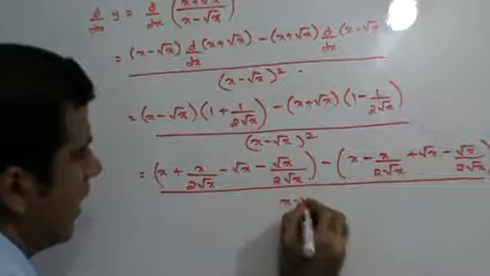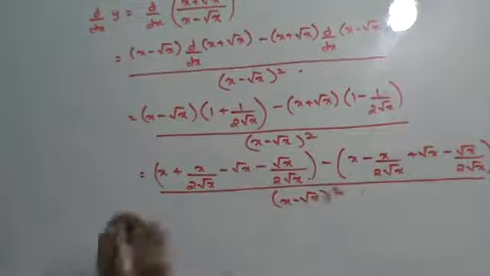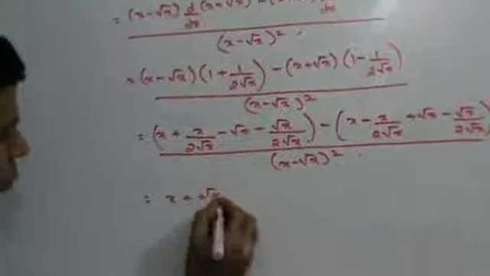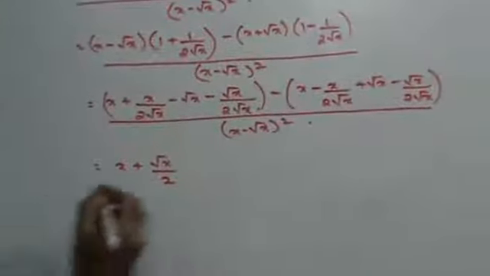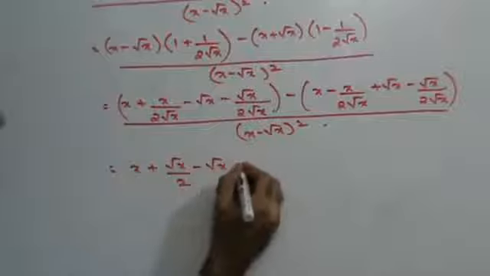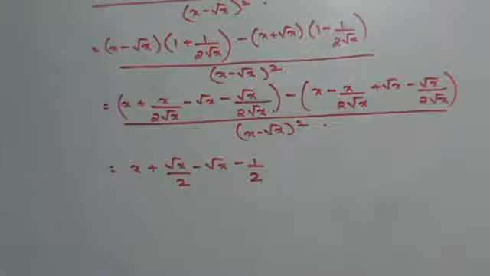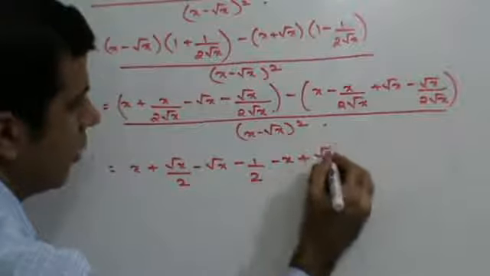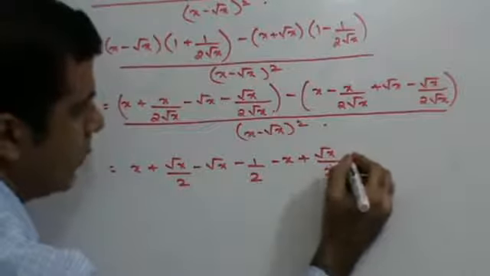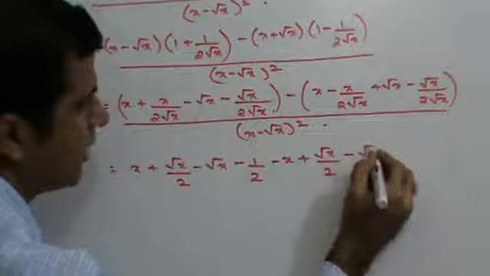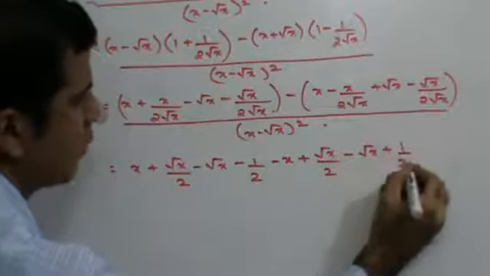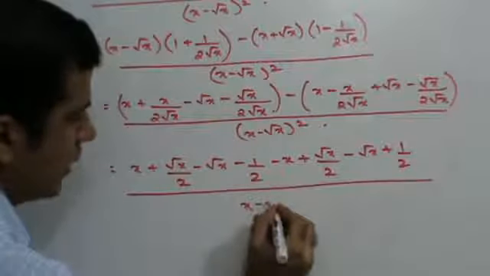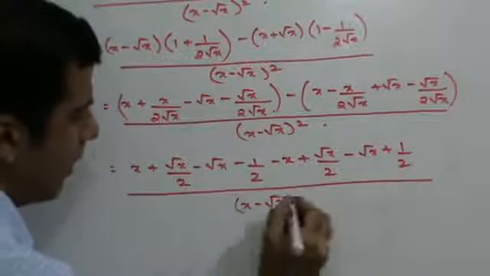So this is x minus root x the whole square as it is. This is x plus, this is going to become root x upon 2 minus root x minus 1 upon 2, open the bracket, minus x, minus into minus plus root x upon 2, plus into minus minus root x, minus into minus plus 1 upon 2, upon x minus root x the whole square.